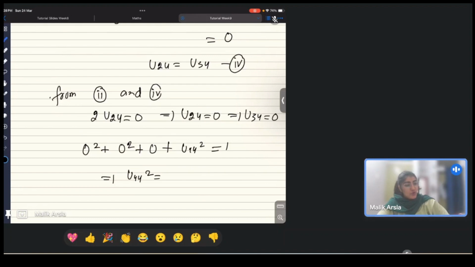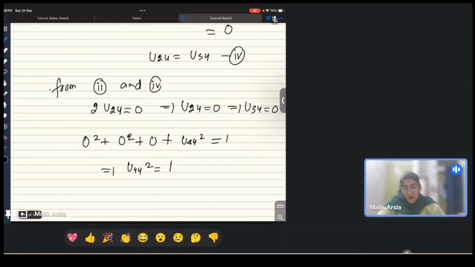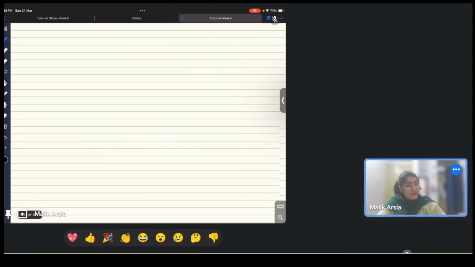U14 is 0, U24 is 0, U34 is 0, and U44 square we have to find. So this will be equal to 1. So our fourth vector is what? 0, 0, 0, 1.